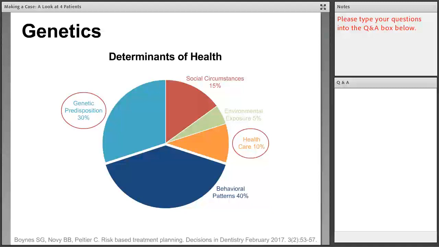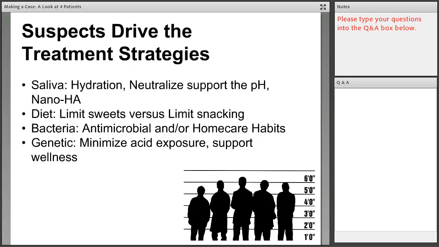The challenge for us as dental healthcare professionals is we only play a 10% role in the overall health of the patient. So we're fighting a huge headwind here: genetics is responsible for 30%, and we're only able to balance this, shore this up with 10%.